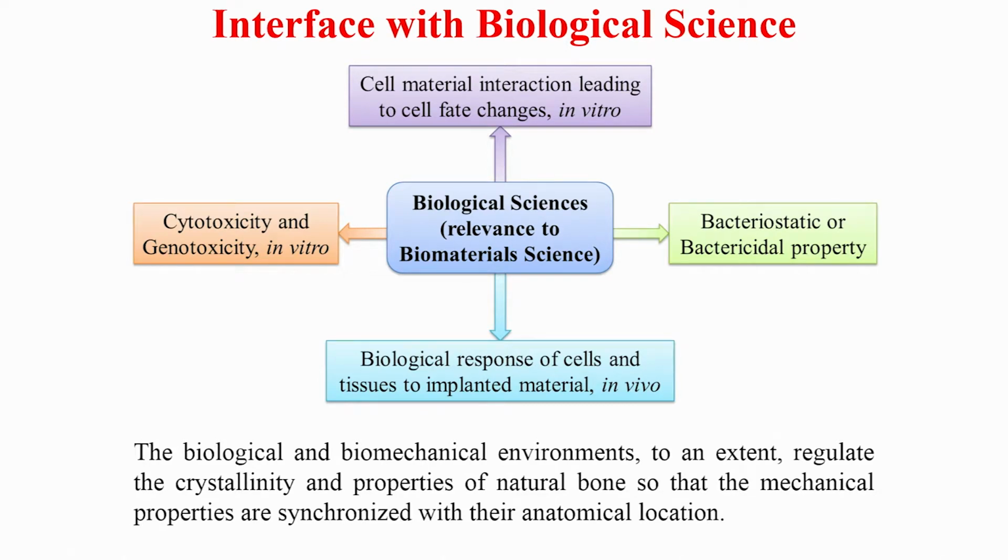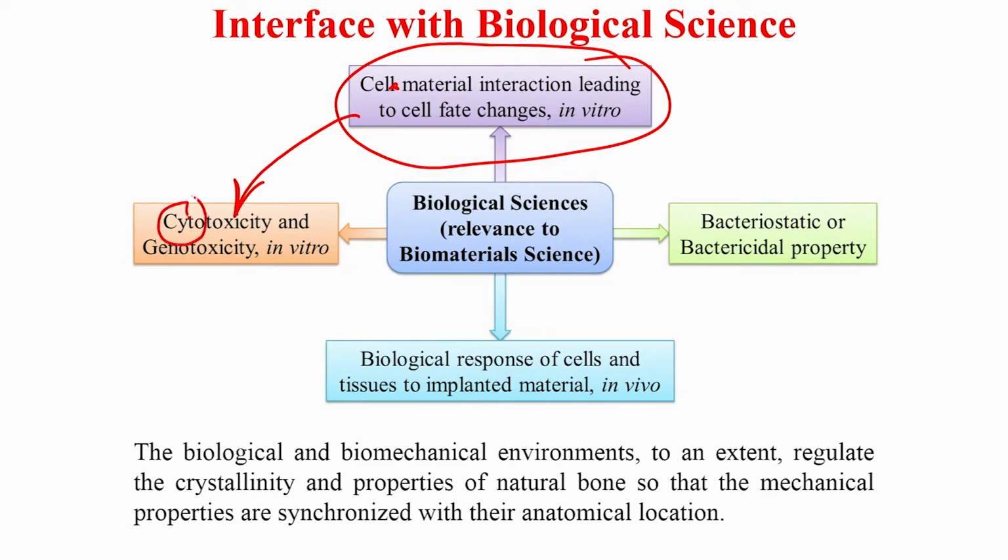One of the things I have mentioned here is the cell material interaction leading to cell fate changes. Cell material interaction is important because it will tell you how a biological cell interacts with the materials. Then cell toxicity or cytotoxicity; cyto means cell and geno means DNA. Genotoxicity means DNA damage and cytotoxicity means cell level toxicity.